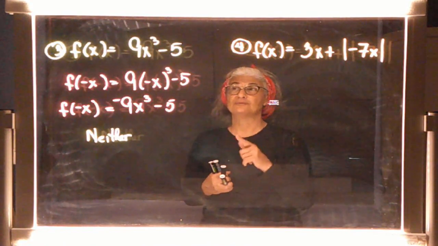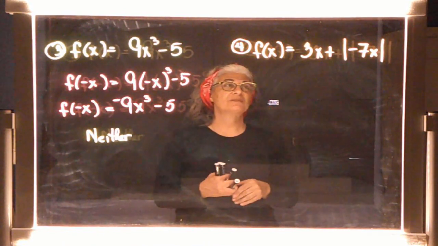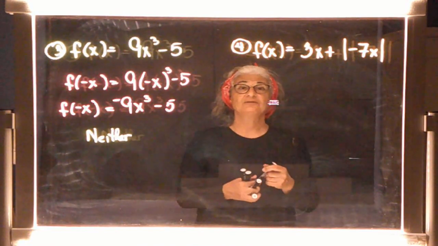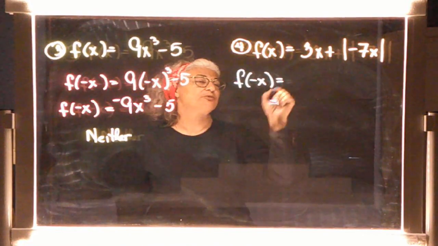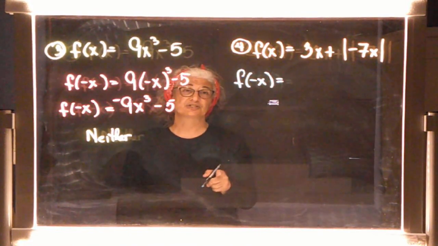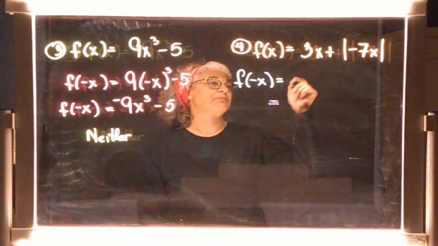Okay, now let's take a look at this fourth one here. And again, in order to figure it out, we need to plug in a -x to determine if this would be an even function or an odd function. Or again, maybe it falls into neither category. So let's check it out.